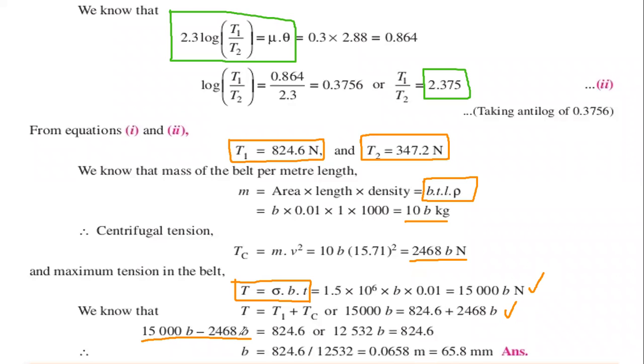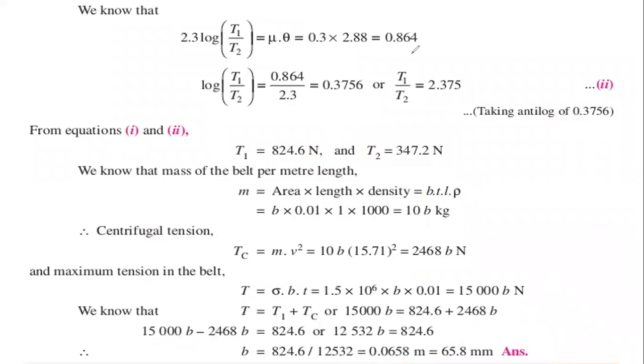So by subtracting these we got 12,532 b equal to 824.6. In total we got the b value as 0.0658, that is 65.8 mm. So the answer for the given problem is 65.8 mm. That is the breadth of the belt.